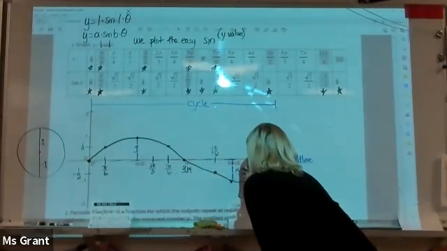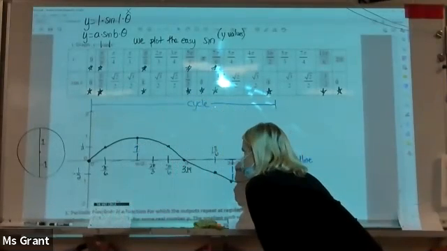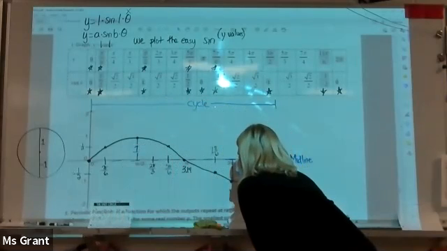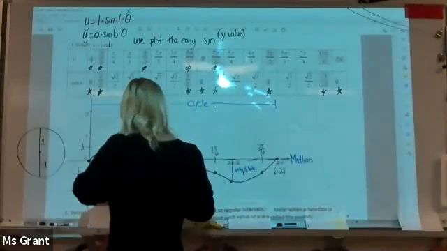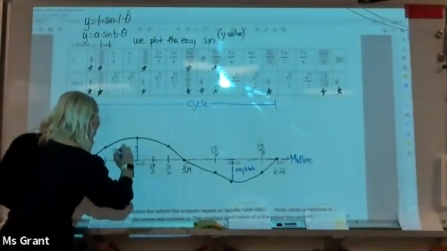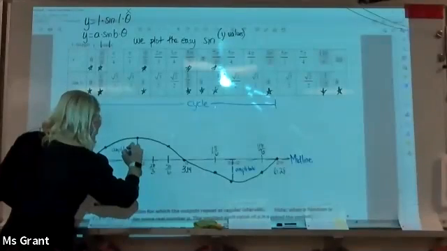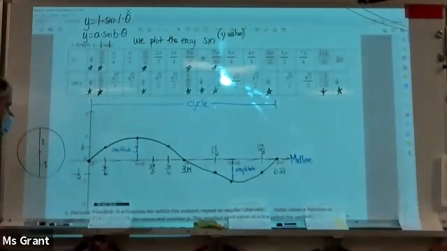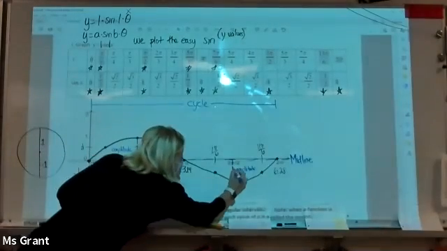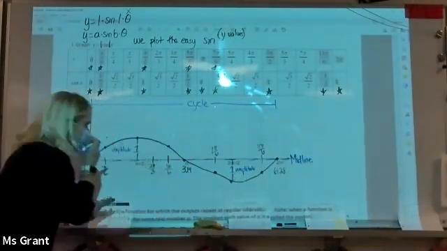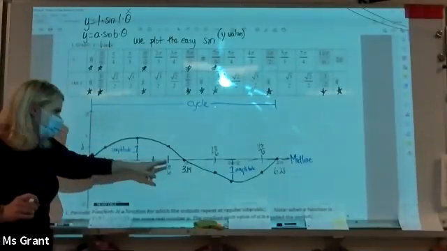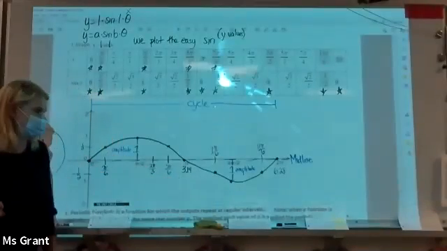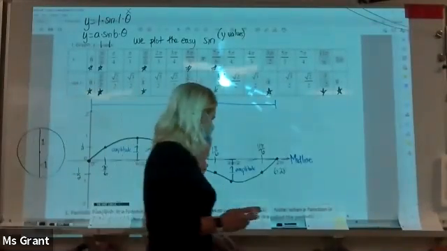This is my amplitude. Sorry, I'm blocking it. So my amplitude talks about from my midline to my maximum and from my midline to my lowest, minimum.